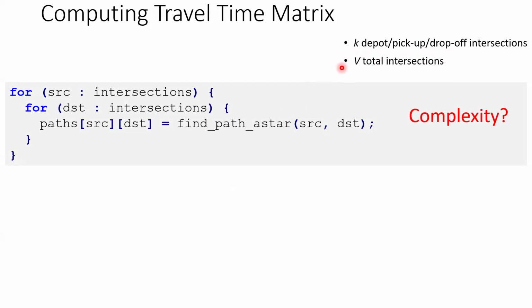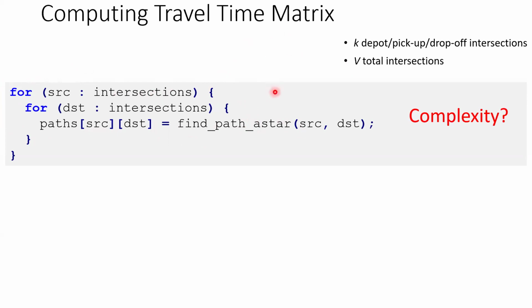How do we compute the complexity of this nested for loop and a call to A star? What's N?